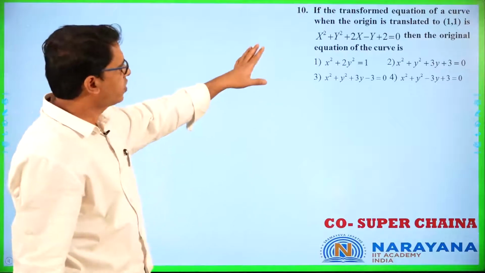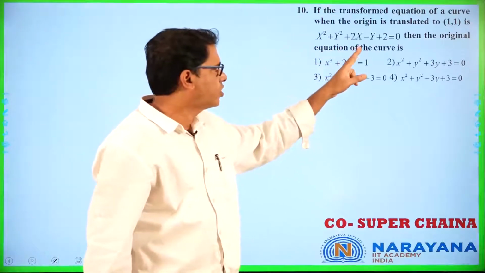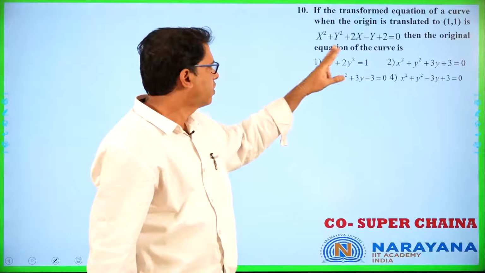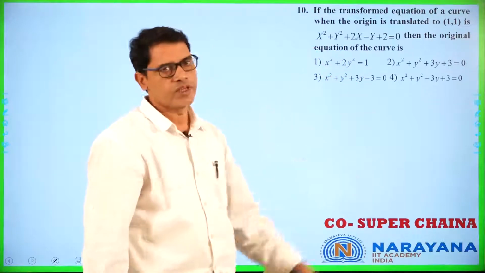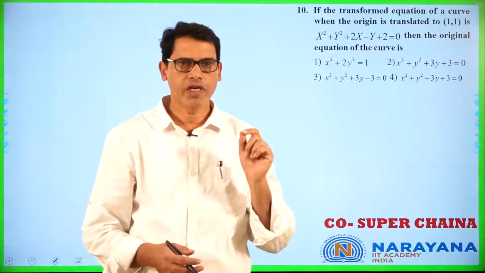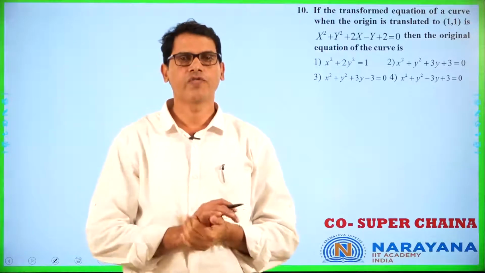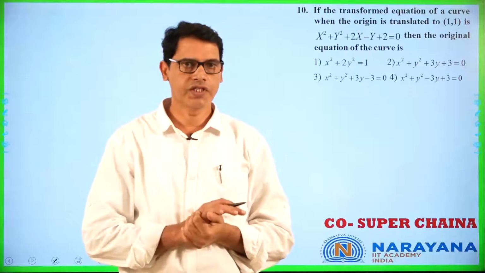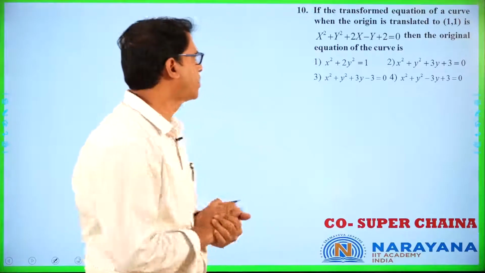If the transformed equation of a curve when the origin is shifted to 1, 1, then the original equation means, in the reverse manner. Here the transformed equation is given, so we have to find the original equation.